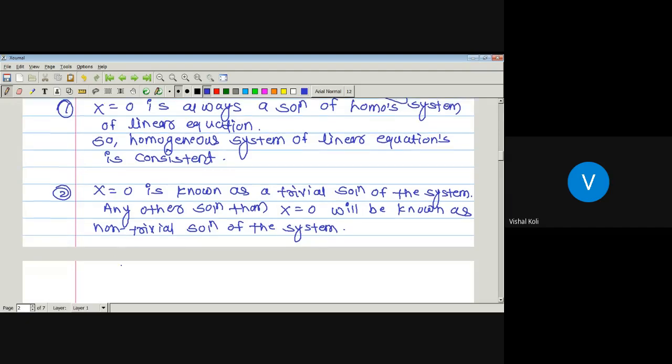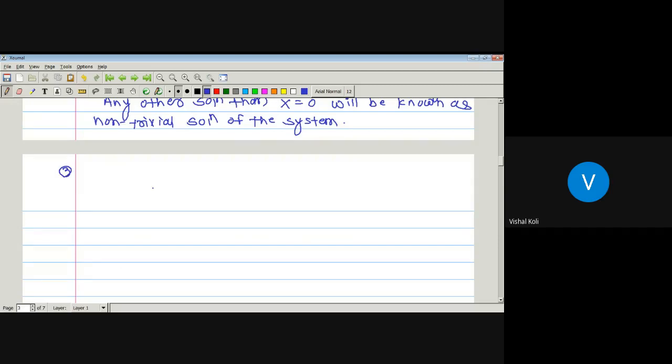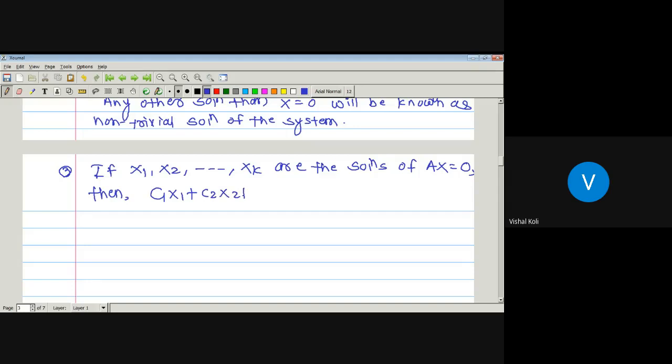Now the third note is, if x1, x2 up to xk are solutions of the homogeneous system of linear equations Ax equal to null matrix 0, then any linear combination of these solutions, that is C1x1 plus C2x2 plus up to Ckxk, is also a solution of Ax equal to 0.